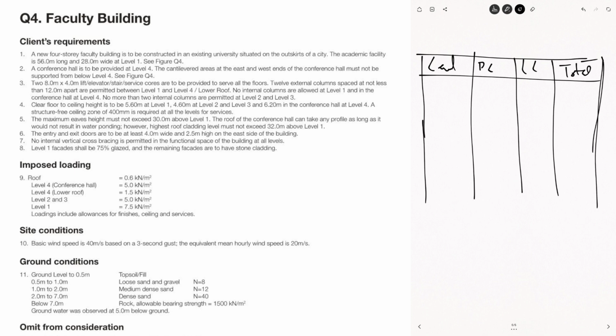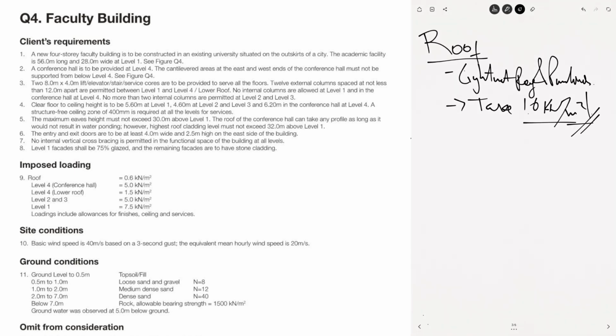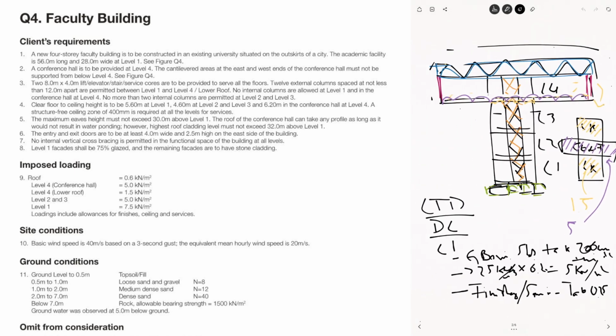It just helped me so much afterwards to know exactly what values I am using. So for level 1, come back. For dead load, we got 5 and 0.25. Right, so it's 5.25.